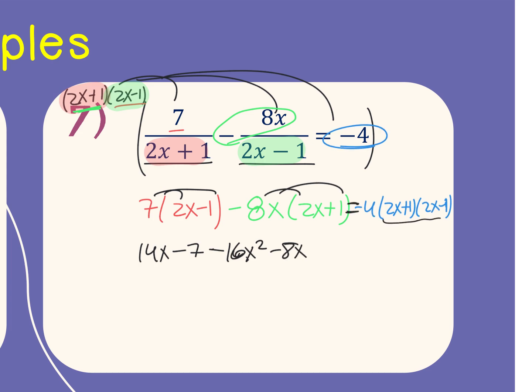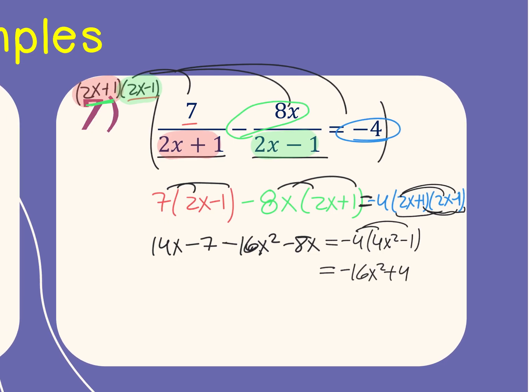And then I would FOIL those first because we see that that's going to get us a special product. So it's going to be a negative 4. When you FOIL this, it should get you 4x squared minus 1. It's a special product. And then you can distribute that negative 4, and that's going to get us a negative 16x squared plus 4. And then on the other side, I can combine like terms.